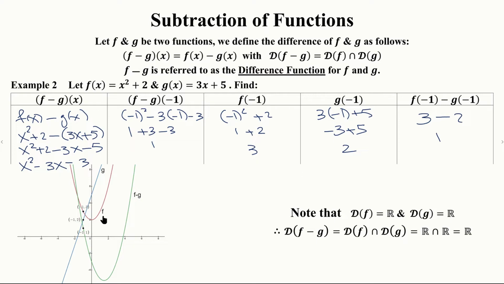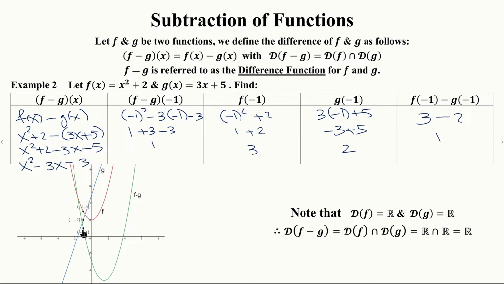Of course, notice at each x value, the y value of f minus g is going to be whatever y value you have for f at that point, minus whatever y value you have for g at that point. So that's basically all that's going on here. Okay, you can see that here with the three examples, right?